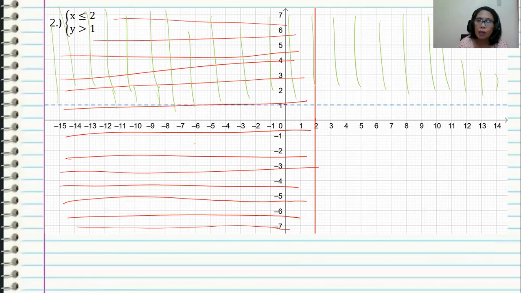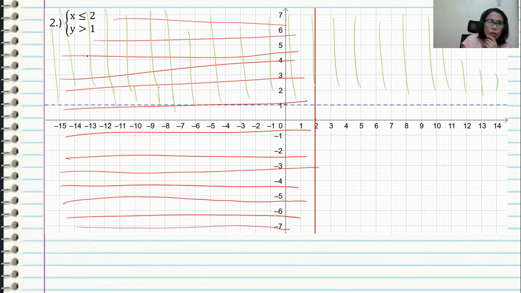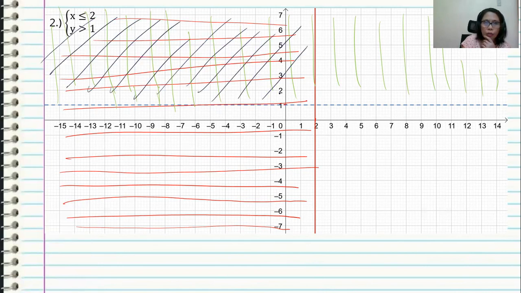So the overlapping region is the solution for that system, which is represented by this blue region. So this is the solution set.